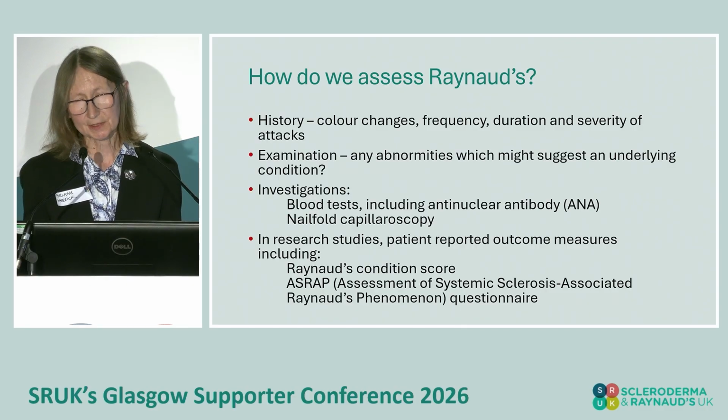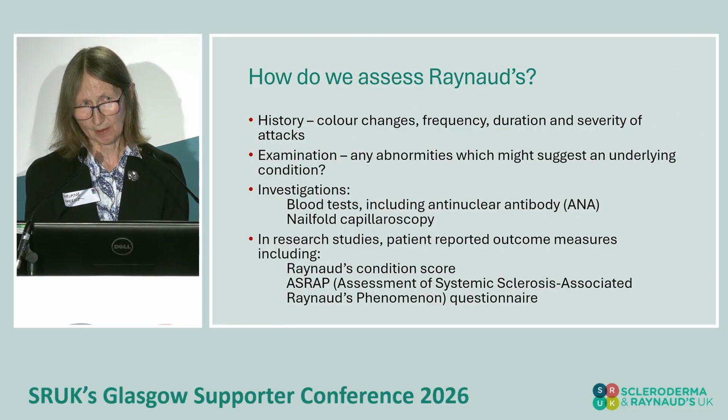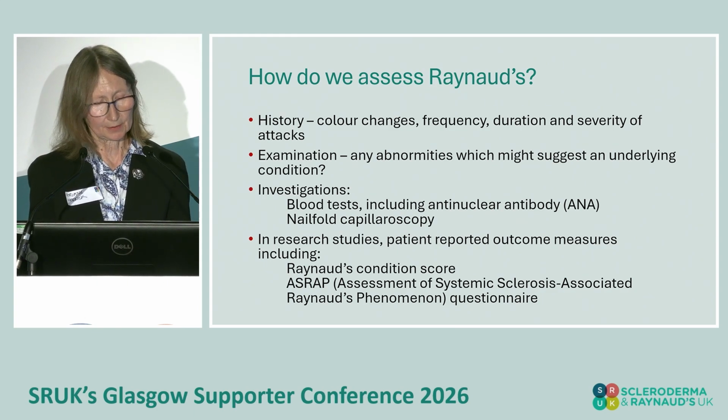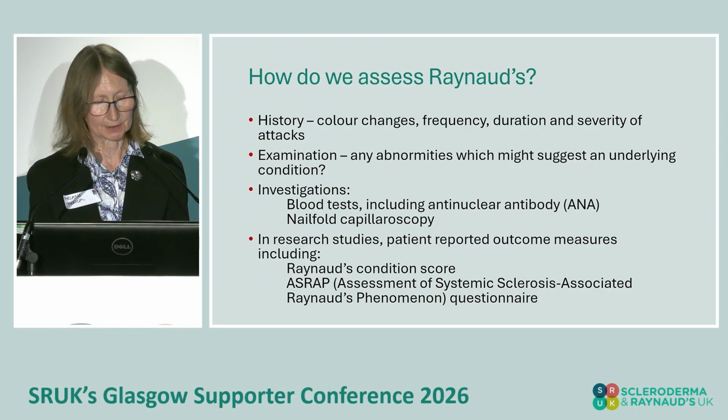We also want to assess Raynaud's in the context of research studies. I'm going to come back a little bit to them afterwards. But it's very important in research to be able to measure whether or not people are improving. There's been a lot of interest in this, and we have tools to do that. We have something called the Raynaud's Condition Score, which is a 0 to 10 score.